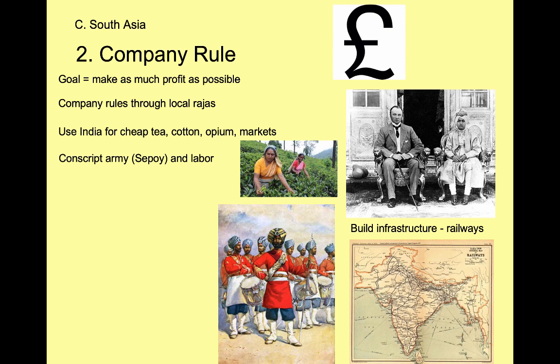These are called sepoys. Here we see they look like British soldiers. They have their classic red uniform, but they're employees of the British East India Company, and they're going to be given money to help repress their own fellow citizens. These guys need money. They need to be able to feed their family, and so they'll work for the company to do this.